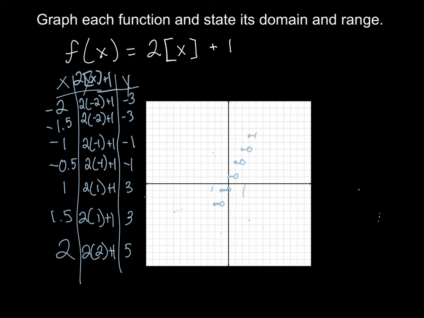It just may move around and it may shift based on what's being added or multiplied to the greatest integer. So just continue this pattern all the way to the top and bottom of your graph, and that's your greatest integer function.